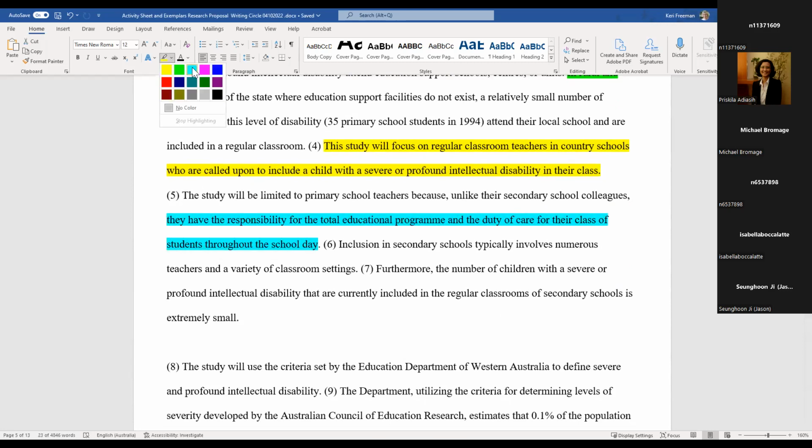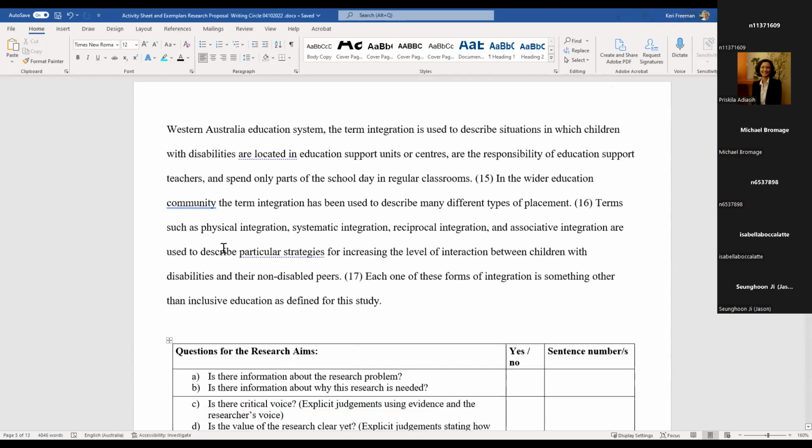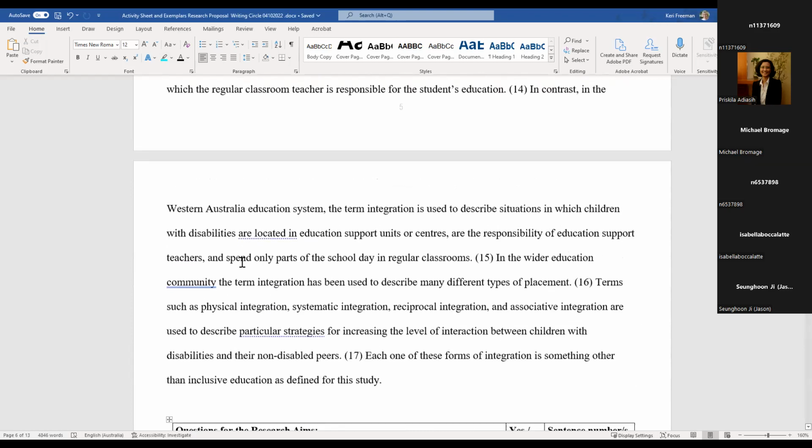I feel like this is the bit. These teachers have the key responsibility. Okay, so I think we've got yes, why the research is needed, beginning to, critical voice, a little, is the value of the research clear, beginning, and then what do you think?